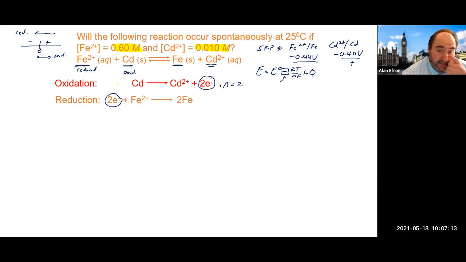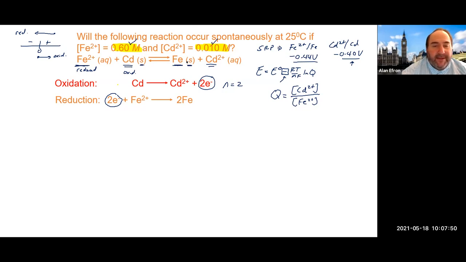Cadmium is giving up 2 electrons, iron is picking up 2 electrons, and the value of N is 2, not 4, so we don't add those numbers together. What else do we need? Q in this case. Q is going to be our products over our reactants, which here is the cadmium ion divided by the iron ion. The solids, like normal, will not be included in our Q expression. That's also why we're only given 2 concentrations.